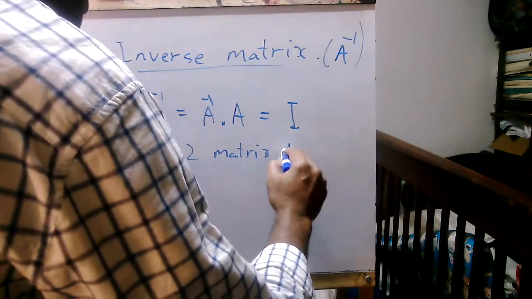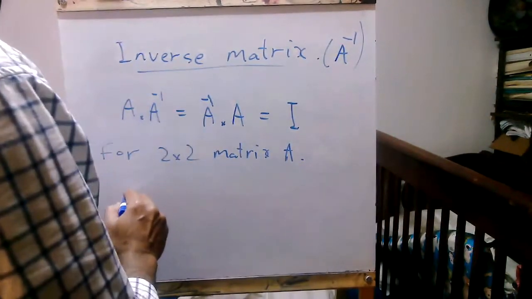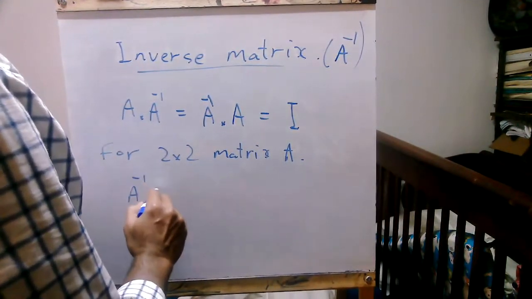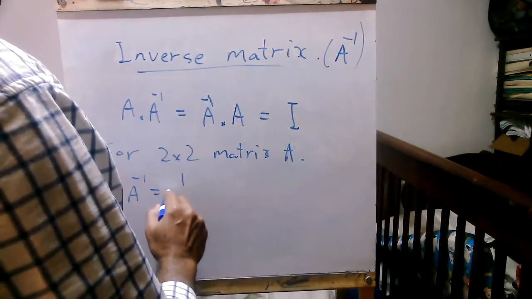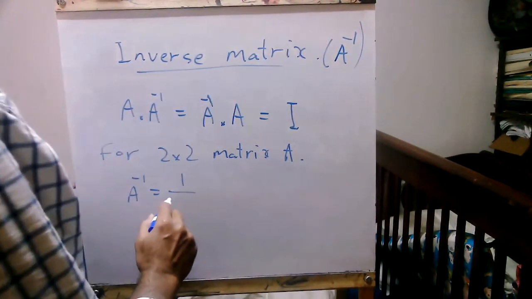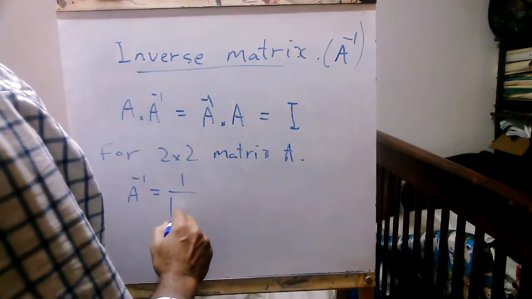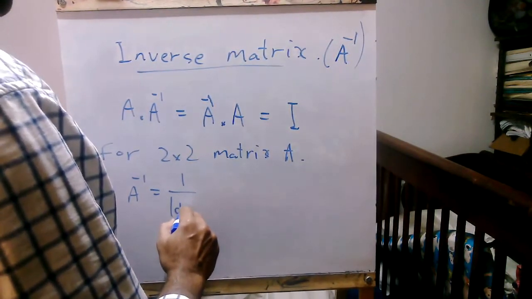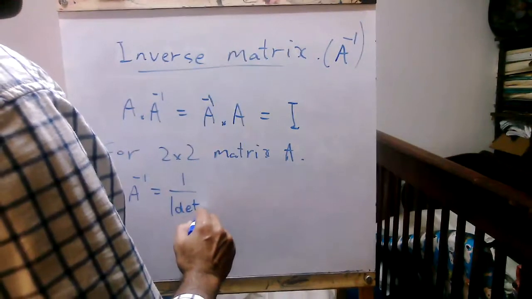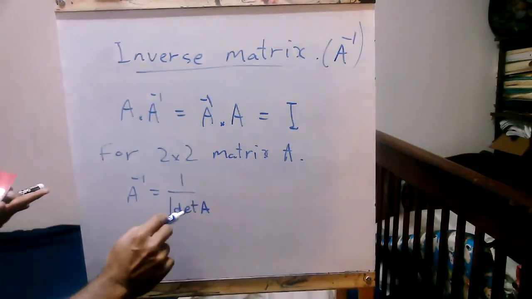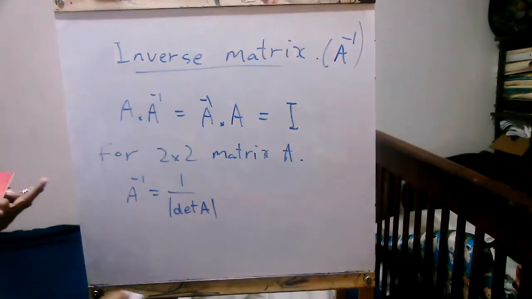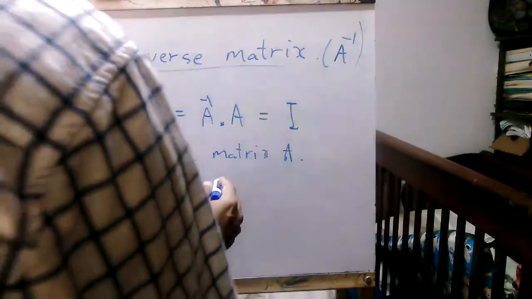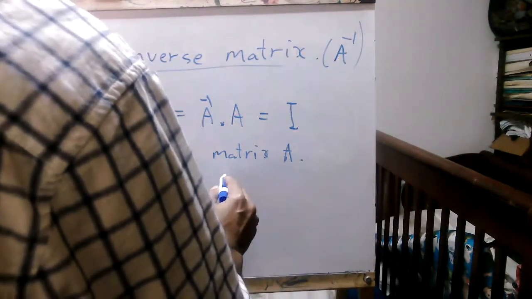A inverse is equal to 1 over the absolute value of the determinant of matrix, det A. In short, I'm gonna tell you what this det A is, and we interchange.